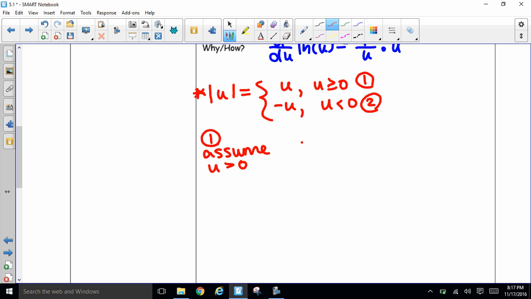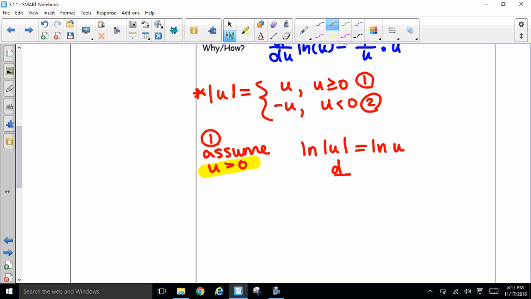That would mean that natural log of absolute value of u is really the same thing as natural log of u, because if u is already positive, as we assumed, then the absolute values don't make any difference.